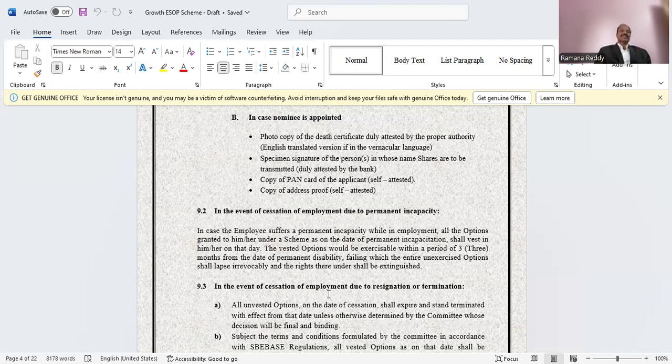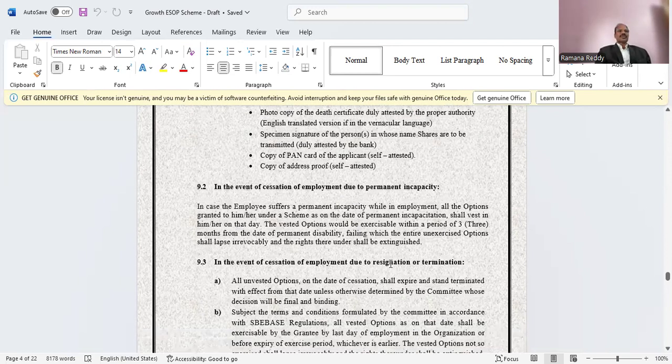So the vested options would be exercisable within a period of 3 months from the date of permanent disability, failing which the entire exercise option shall lapse. So during the exercise period decided by the NRC, he has to exercise. Even in the case of permanent incapacity, no need to wait as per the vesting schedule.